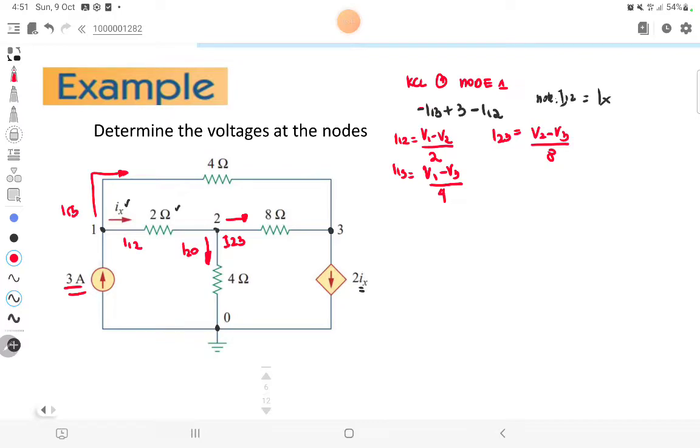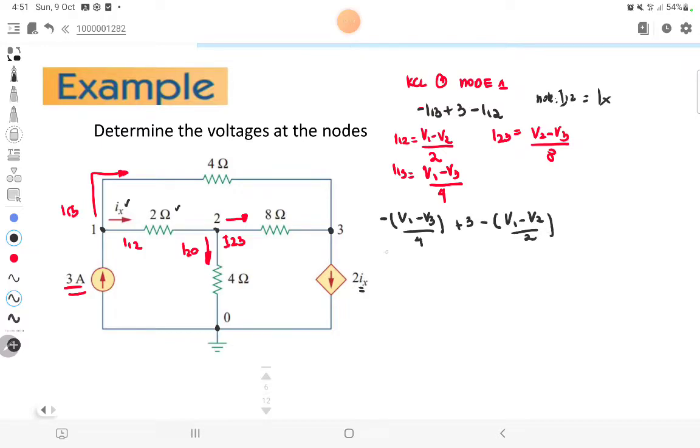From that, we would substitute the different values into our equation. So I have my I13, which is equal to negative, multiplied by V1 minus V3 all over 4, plus 3 minus my I12. So minus I12, which is equal to V1 minus V2 all over 2.